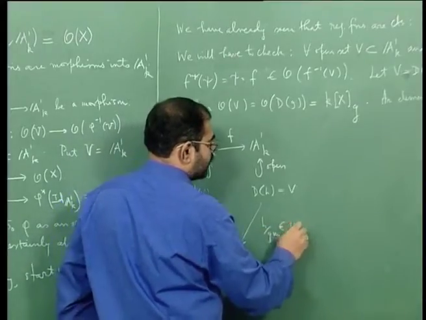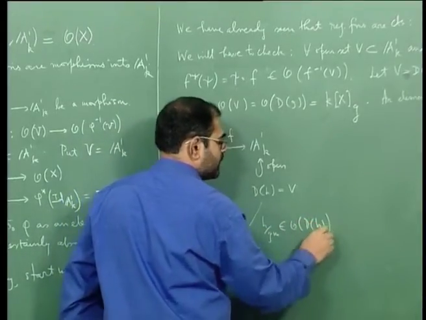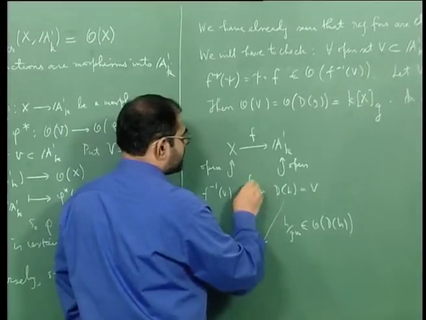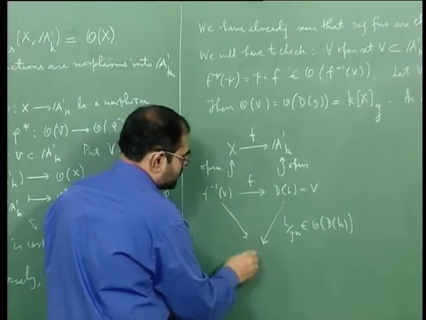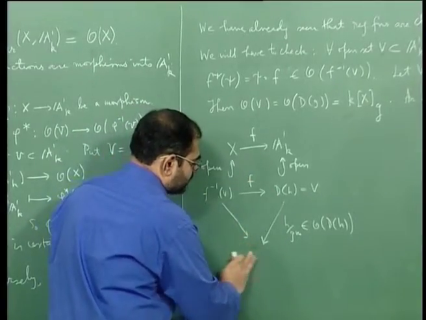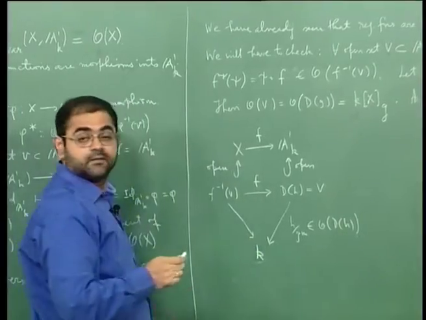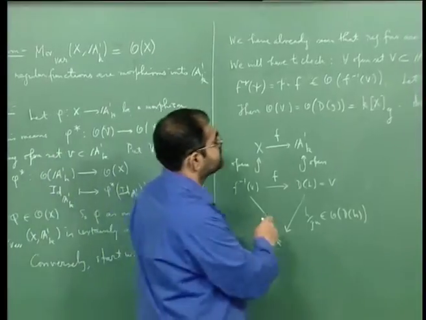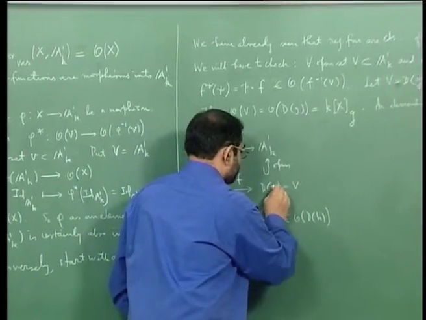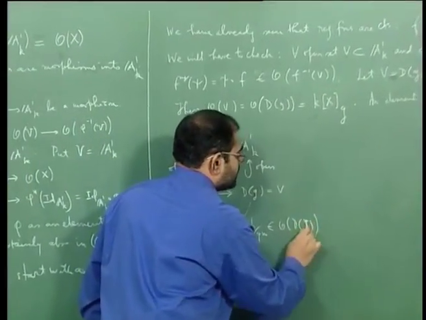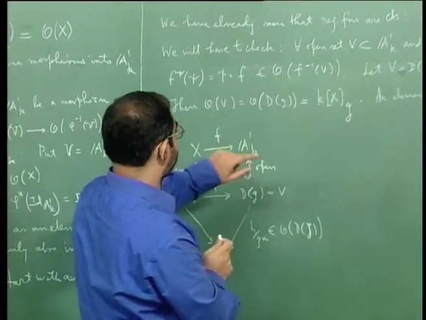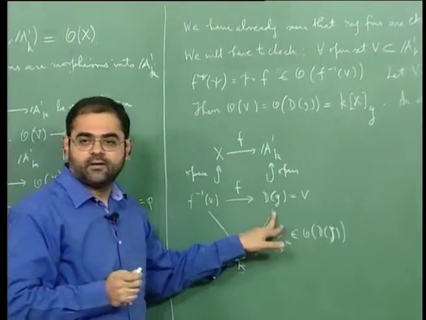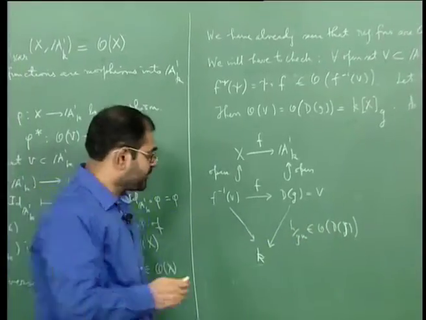This is an element of O of D(G), and then I compose it with f to get the pullback. This is a regular function into k. Sorry, this should be D of G, I'm sorry. I think I messed it up somewhere, did I? No, I didn't, I messed it up here, it should be D of G, right.